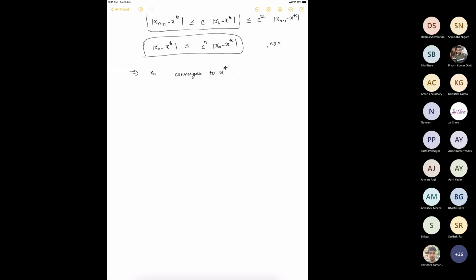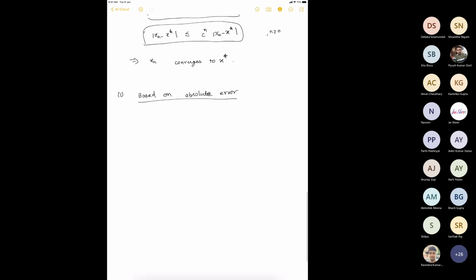So the following criteria we can use. Let's see the first one, which is based on absolute error. Before that, I should explain what we understand by absolute error. So we have an approximation and we have an exact solution. We are calling the approximation x.